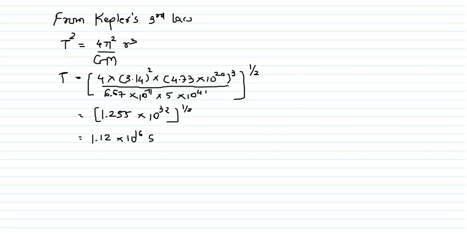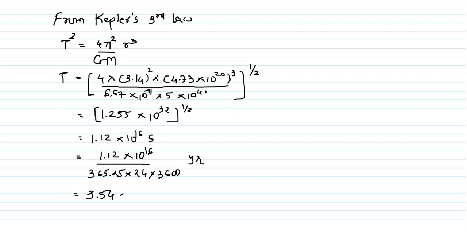right? Now if you want to convert it into years, you can say 1.12 into 10 raised to 16 upon 365.25 days into 24 hour into 3600, which is 3.54 into 10 raised to 8 year, right friends?